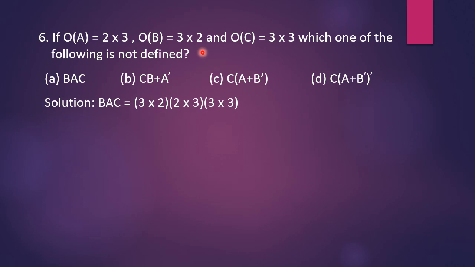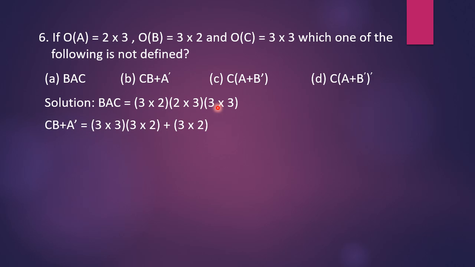The first option here, B into A into C. So order of B is 3 by 2, order of A is 2 by 3 and order of C is 3 by 3. If we multiply B and A first, the product exists, order is 3 by 3. And if we multiply with C, again 3 by 3. So the product exists here.